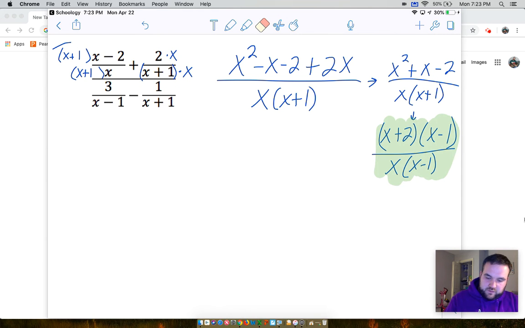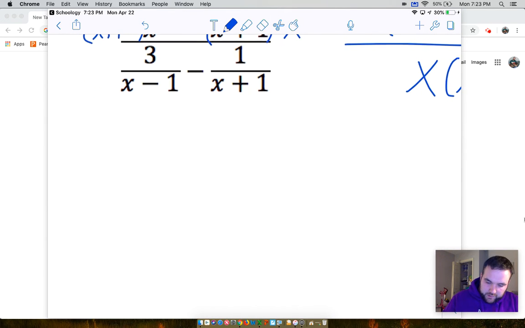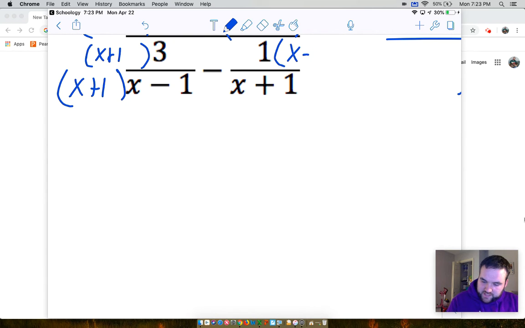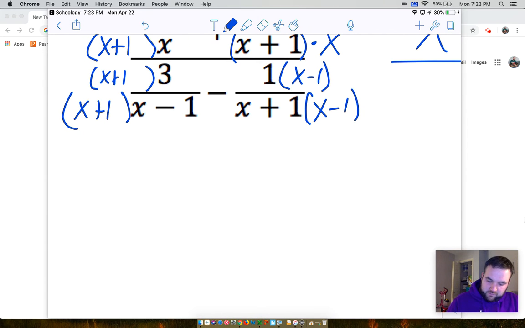So let's tackle this bottom problem. Again, x minus 1 and x plus 1, even though they look very similar, mathematically, they are nothing alike. So I need to multiply the first fraction by x plus 1, and the second fraction needs x minus 1. You'll also notice that, just to throw you another curveball, this is a subtraction problem.